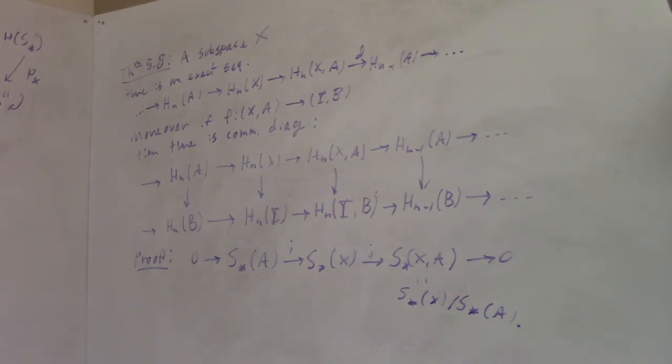So theorem 5.9. Now we have a triple of spaces, X, A, A prime, and they're contained in each other.